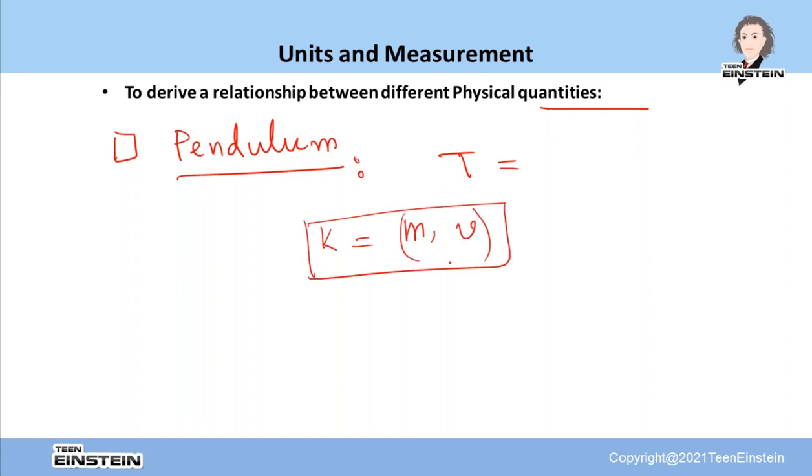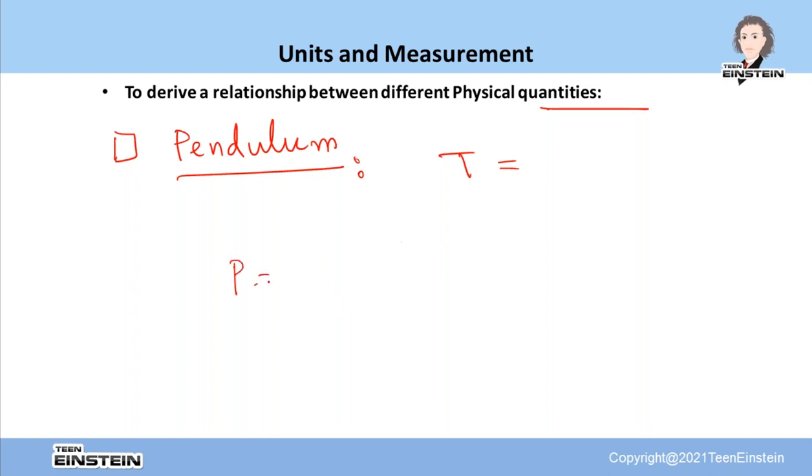When I say time period of a simple pendulum, then you must know on which fundamental physical quantities this time period depends. If I say pressure, I know it depends on force and area. This is how you need to know.